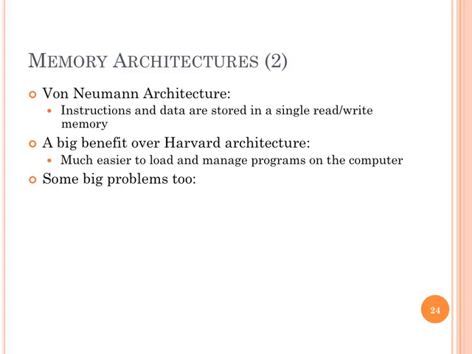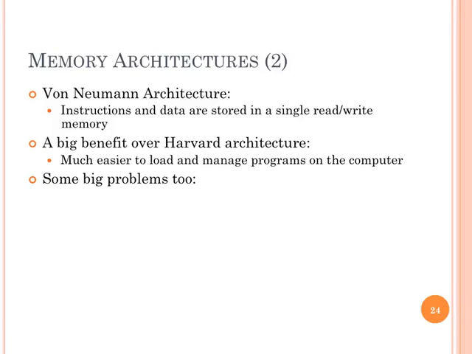I don't have to wait for the instruction to be executed before I start loading the next instruction. I can start loading it right away, so I can parallelize those operations. On the von Neumann architecture, if I'm accessing data, I can't access instructions, and if I'm accessing instructions, I can't access data, because I have one bus, and it can become a performance bottleneck.